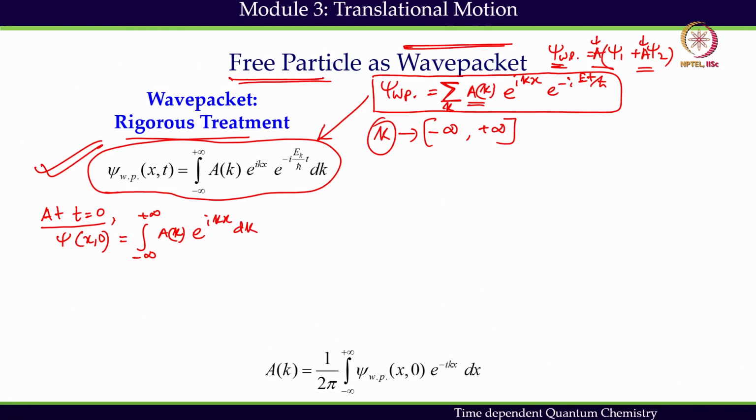If I multiply, so I am just moving forward to find out the analytical solution to this wave packet. So I will multiply both sides with e to the power minus i k dash x.